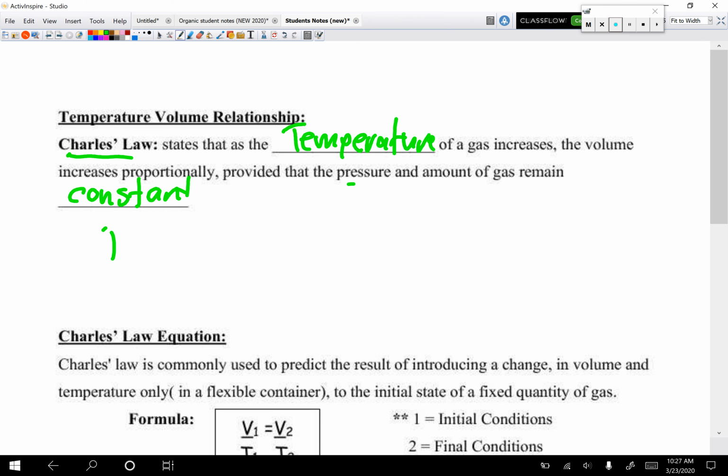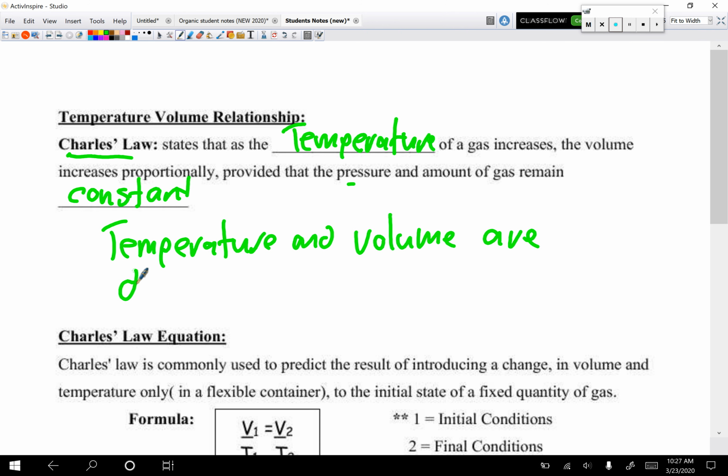So temperature and volume are directly proportional. What that means is if one goes up, the other one goes up as well.